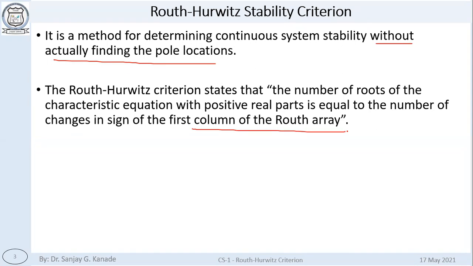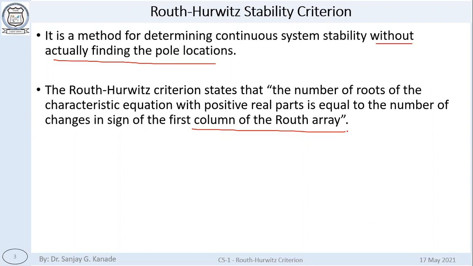So in this Routh-Hurwitz stability criterion, what is required is we have to create a Routh array, which we are going to see in our further slides. And if there are n sign changes in the first column of that array, then that many roots are on the right hand side.